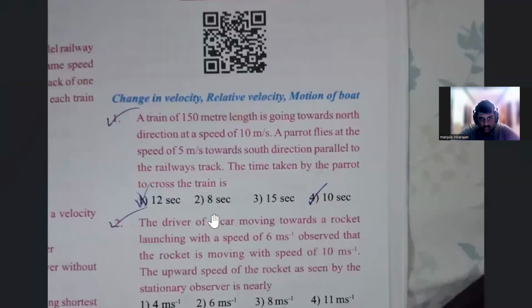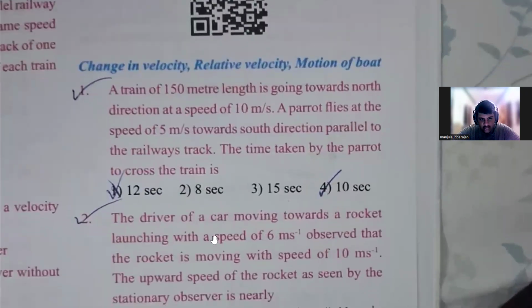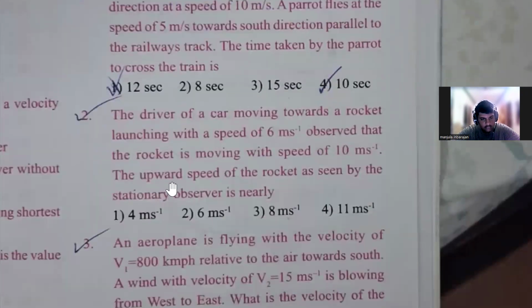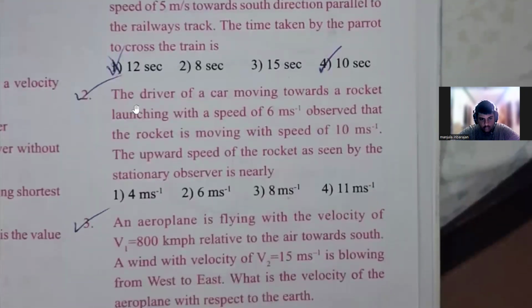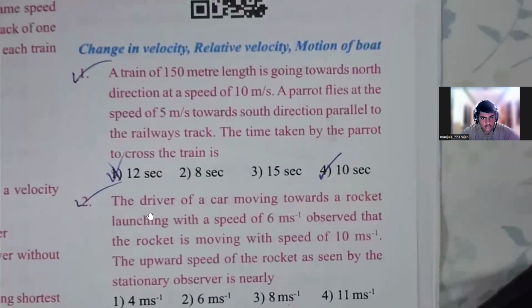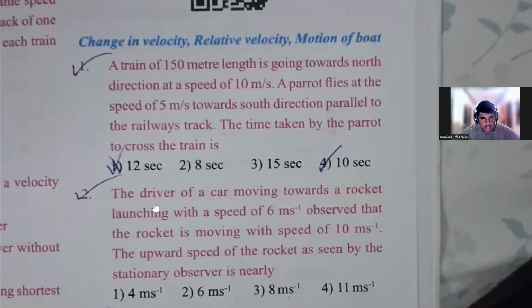The first question I managed to solve. Second question and third question doubtful. Okay, we'll go to the second one first then. Or go to the first one. Which one do you want? The first one I completed. The second one.